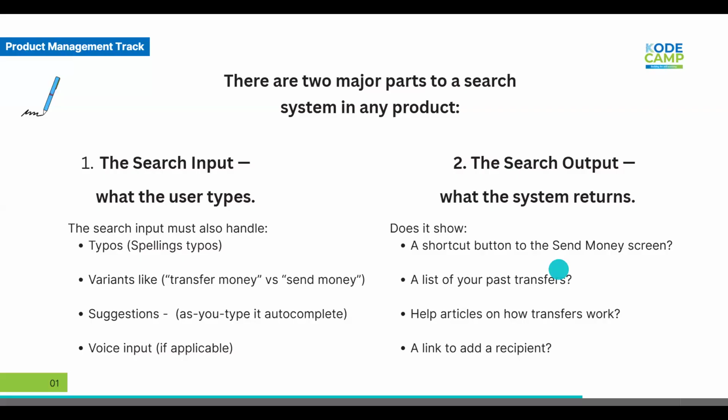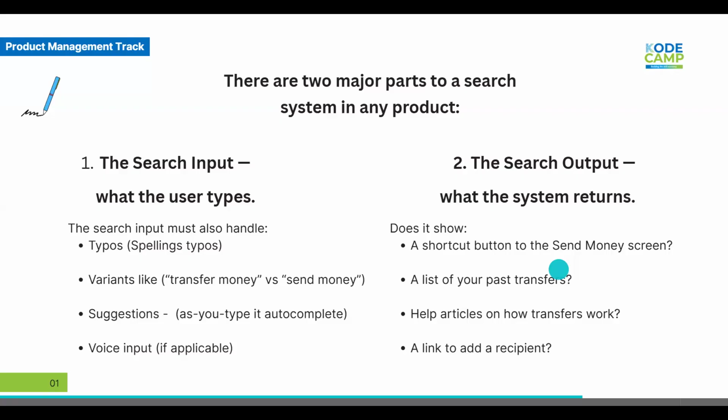Now let's talk about the output side, which is just as important. Imagine you type transfer in the app search bar. What happens next? Does it show a shortcut button to the send money screen or a list of your past transfers? Does it show you help articles on how transfers work?